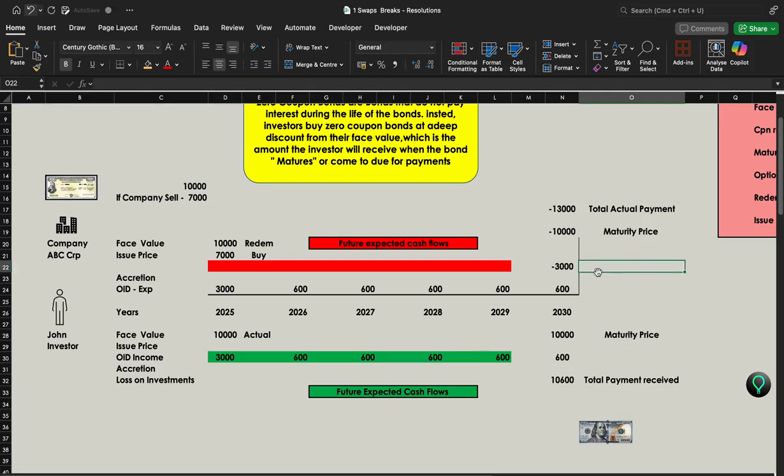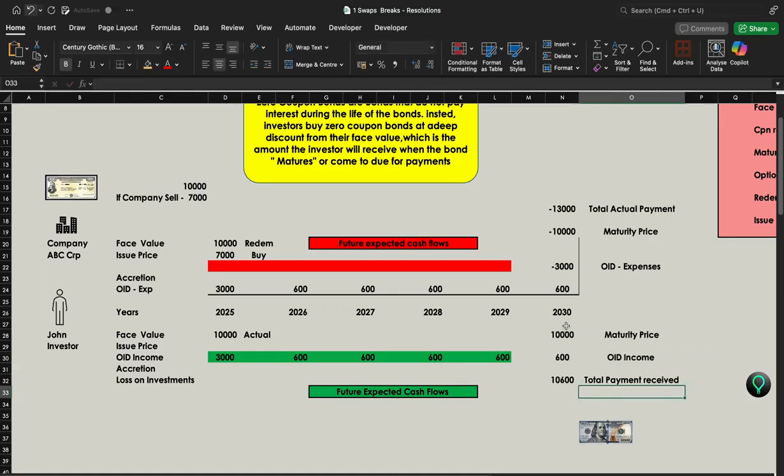Okay, so remove this term, it's not good. OID expenses, OID income.